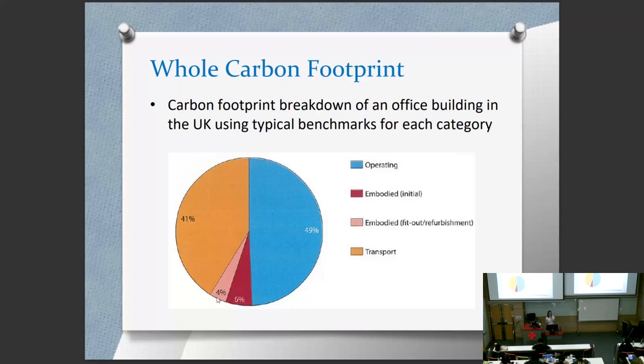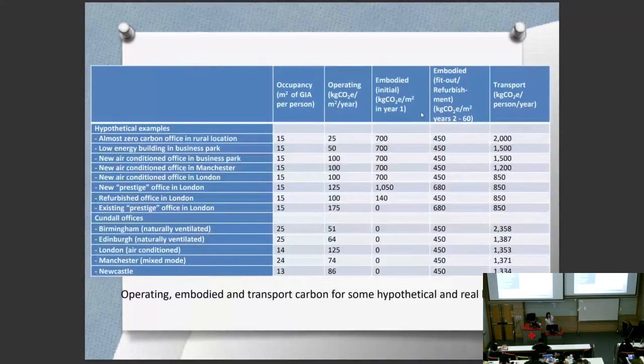So this is based on 1 year, not the whole lifetime, but 1 year. These are the calculations of the operating carbon, embodied carbon, and transport carbon based on real buildings. So once again, they are for your reference, based on real buildings.